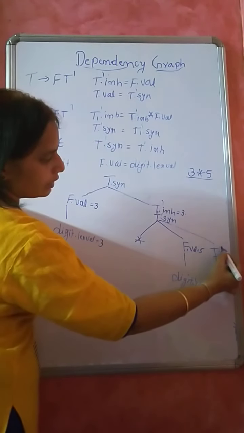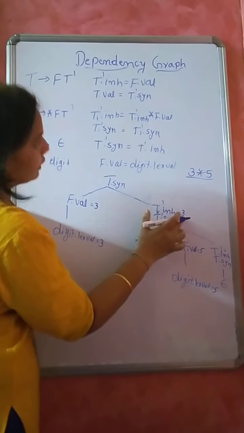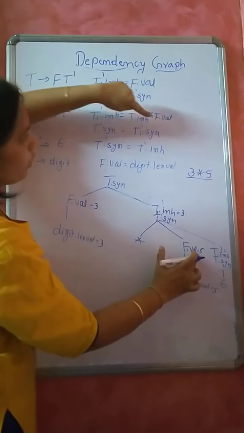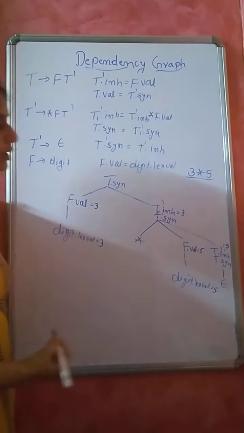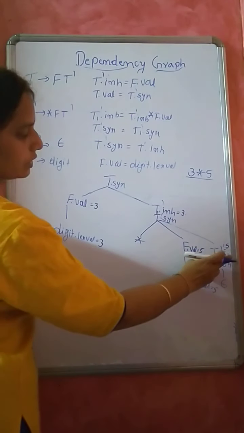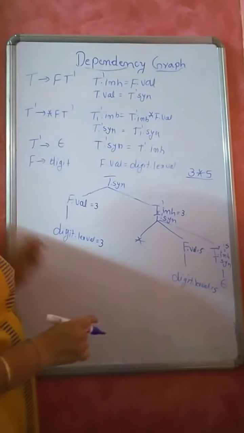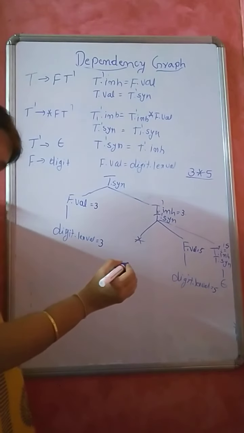That is this one, T dash inherited, and this one T dash inherited, 3 into F dot value, that is 3 into 5, it is 15. So here T dash inherited is equal to 15.